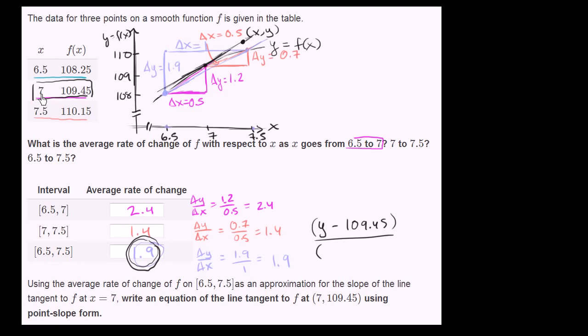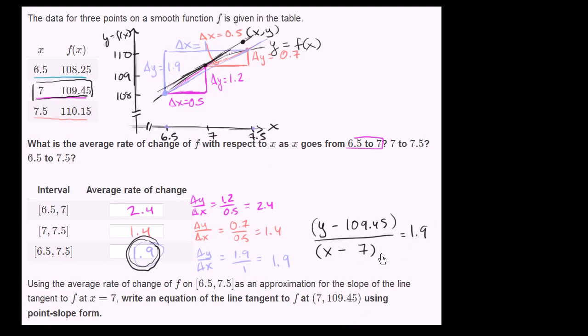We can use that when x is equal to 7, f of x is 109.45. So we're referencing the same point. Our change in x is x minus 7, our change in y is y minus 109.45. And this is always going to be constant for any x y that I pick on this line. And we're using this as an approximation for what that's going to be. That's going to be equal to 1.9.